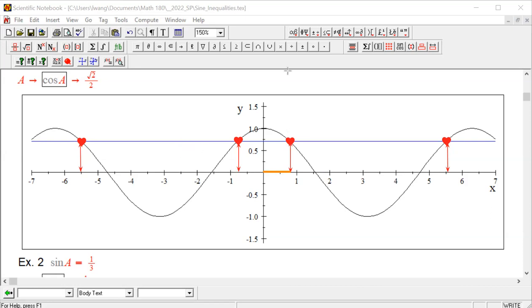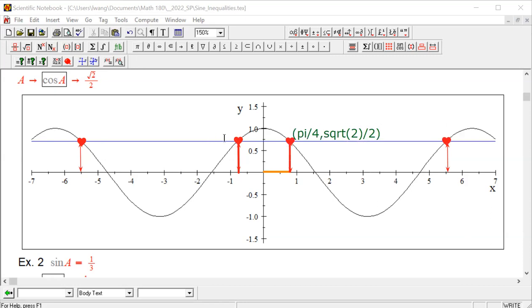So we know the red, so we know the output. We know the output and are looking for the input. Okay, so at this crossing, let's mark these points. And this point is pi/4, comma, √2/2.